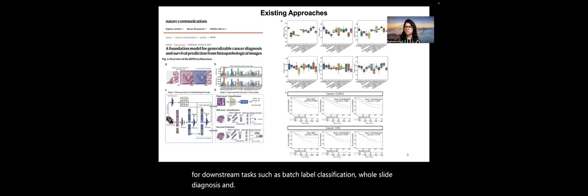On the right, the box plot shows BPH outperforming or matching multiple state-of-the-art methods across several cancer types. The survival curves further show that the model can stratify patient risk more effectively than traditional multiple instance learning models like CLAM, highlighting its potential for prognostic applications.